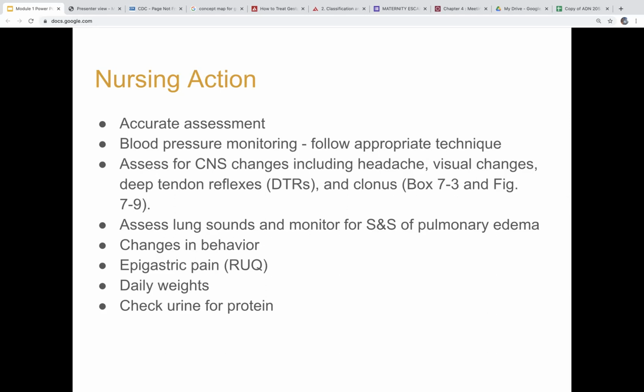Really assess those lungs, monitor for any signs and symptoms of pulmonary edema. So you're listening for any crackles, any changes in behavior, epigastric pain, generally the right upper quadrant. You're going to be doing daily weights and checking the urine for protein.